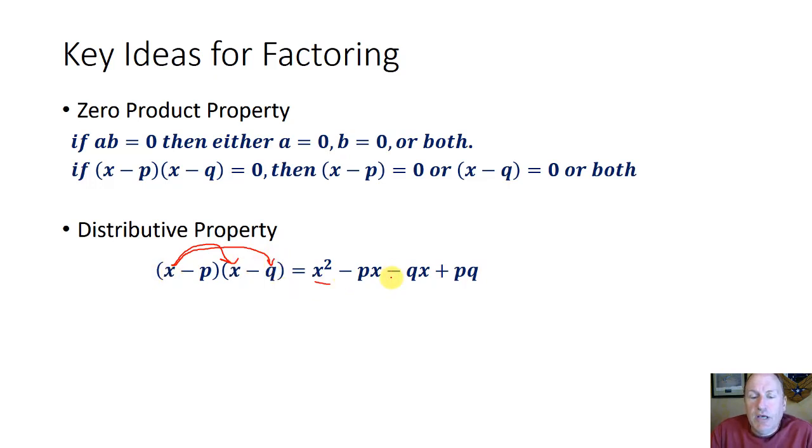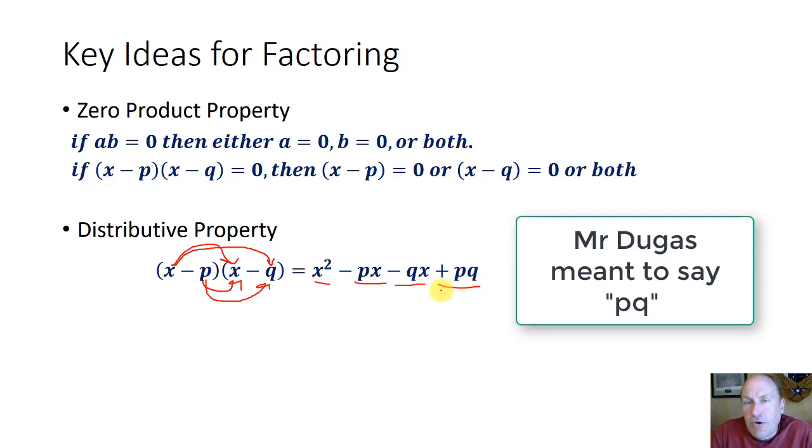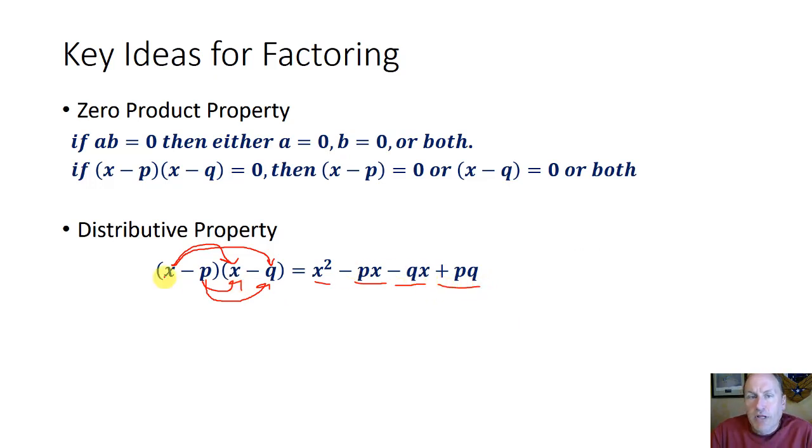X times negative q becomes negative qx. Then I distribute the negative p to the x term. Negative p times x is negative px. And negative p times negative q becomes positive pq. So understanding how to apply the distributive property to these binomial, two-term expressions is very crucial.